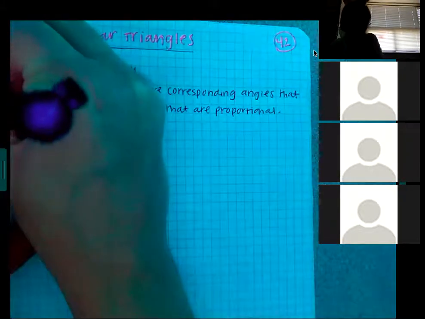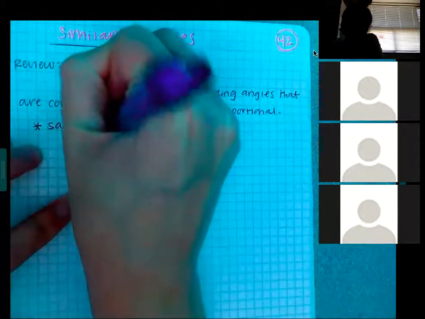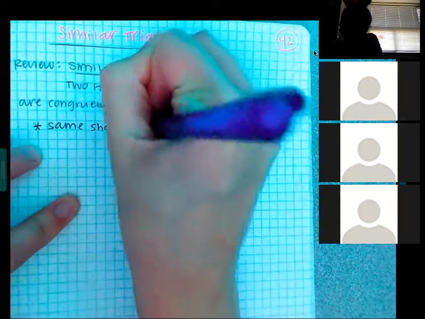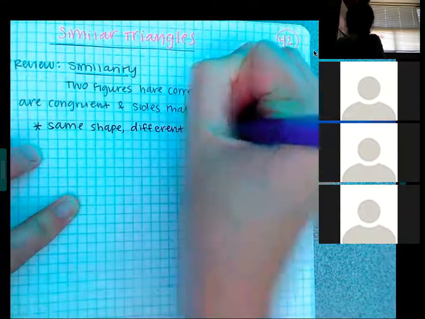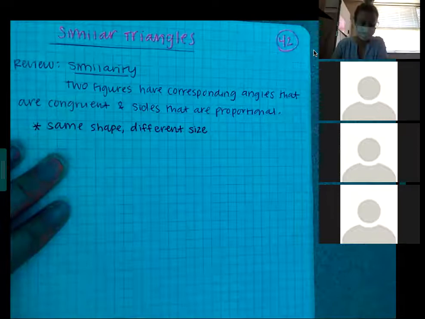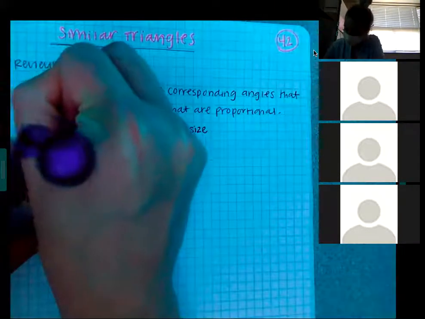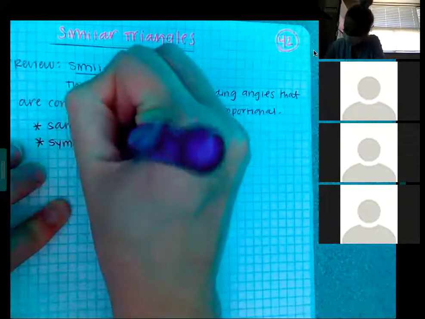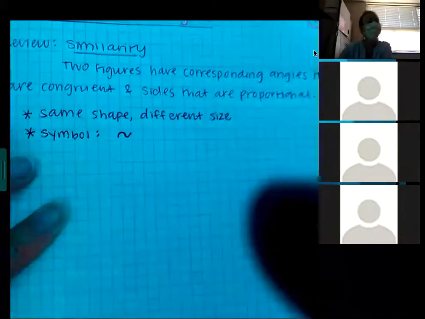A couple things I want you to write down about similarity. They have the same shape, but different size. The symbol for similarity is just the little squiggle, so there's no equal bar underneath it.